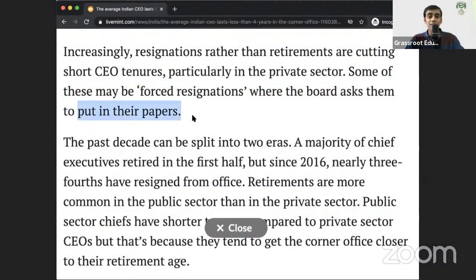What do you mean by this phrase? Put in their papers. So if you say, I have put my papers, what do you think it means? It means to resign.